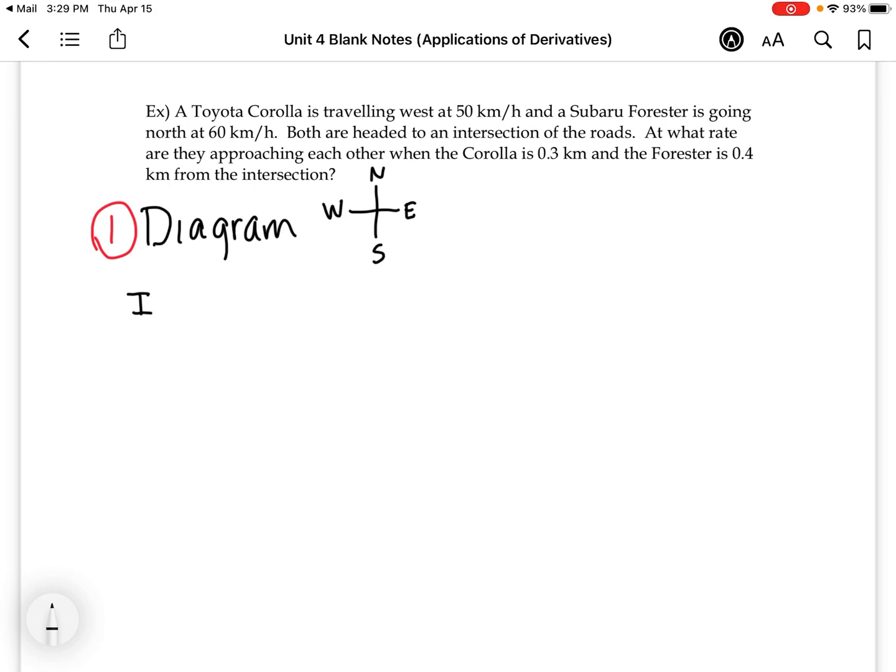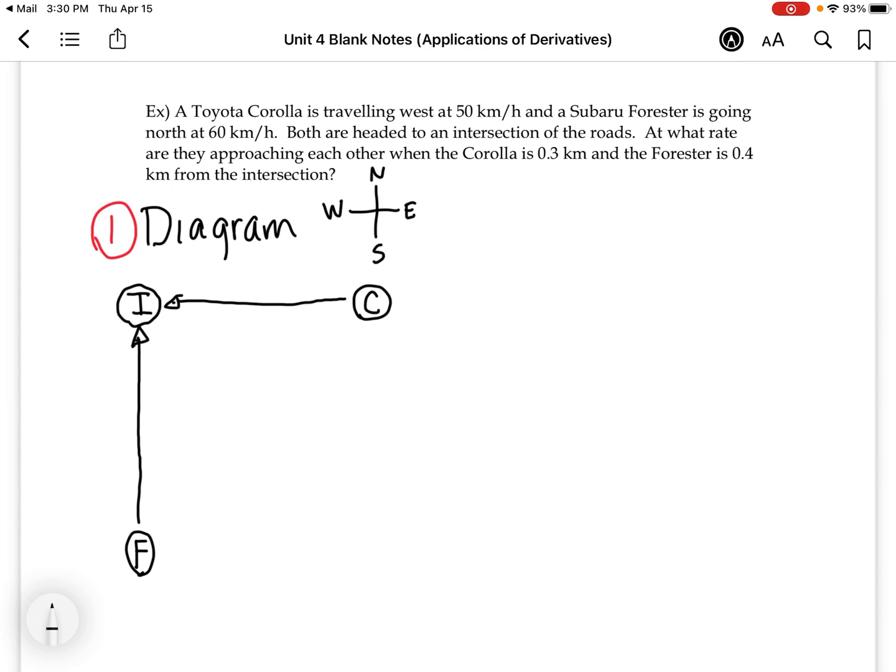So maybe I'll just put an I for the intersection. And the Corolla is traveling west, so the Corolla must start out somewhere over here, and the Corolla is going this way. And the Forester is heading north, so the Forester must start out below the intersection and it's going this way.